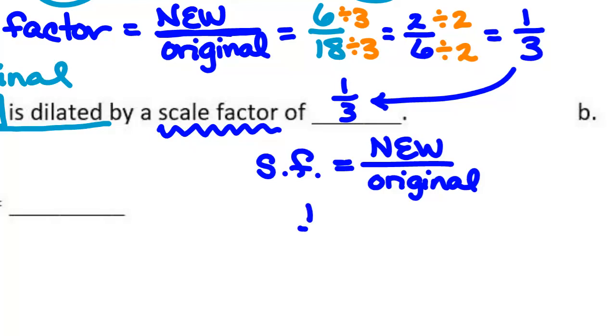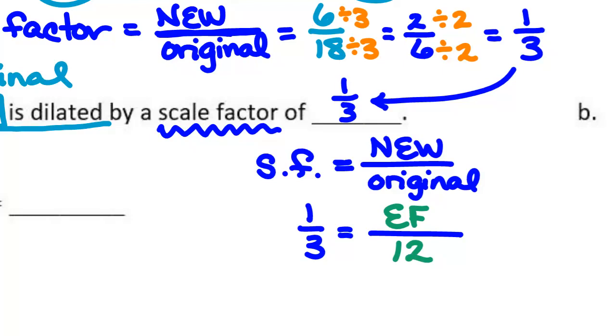So my scale factor is 1/3. We're looking for EF, which is on my new shape. I don't know how big that is, so I'm just going to leave it as EF. But you told me we did know how big the corresponding piece was on the original. How big was that? 12, so that goes down in my denominator.